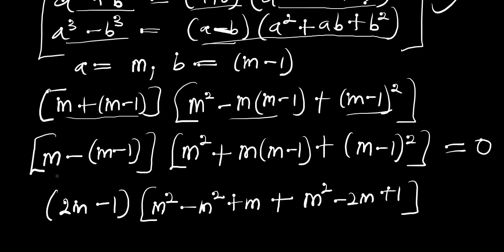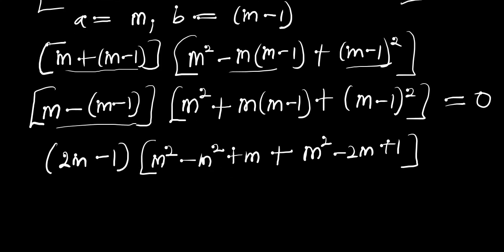Then this one here, if you expand this, you are going to have positive 1, because m will cancel this minus m, and minus times negative 1, we are going to have 1.